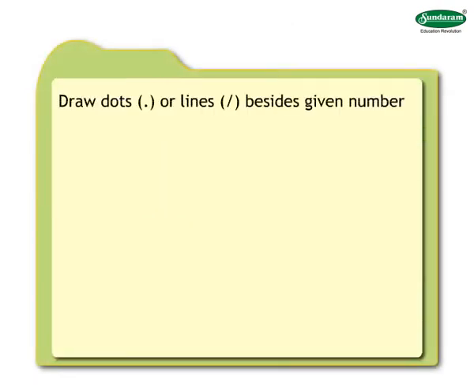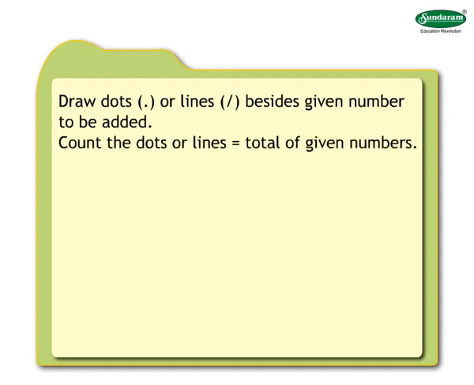We can draw dots or lines beside the given numbers to be added. Then count the dots or lines. This will be the total of the given numbers. Say, for example, if we want to add the numbers 4 and 4, see the first number. It is 4.